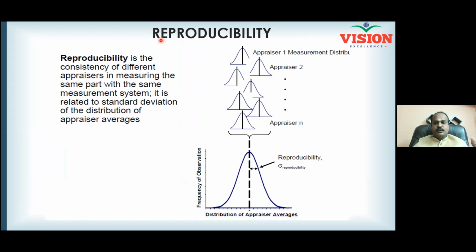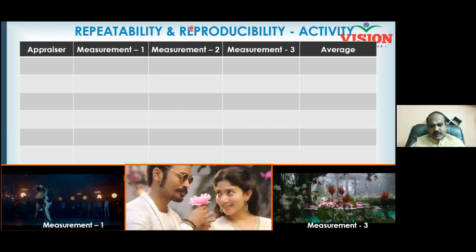Now let us do an activity, and then we'll understand the repeatability error and the reproducibility error. So all of you, please come on video, and take your smartphone and keep the stopwatch ready with you.